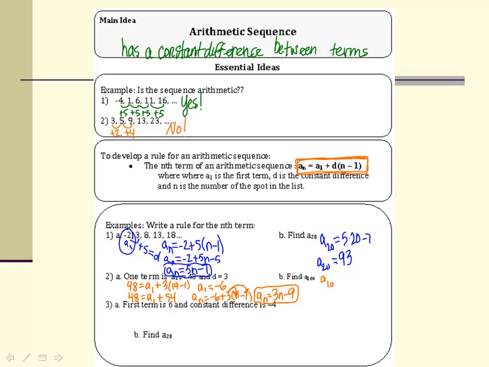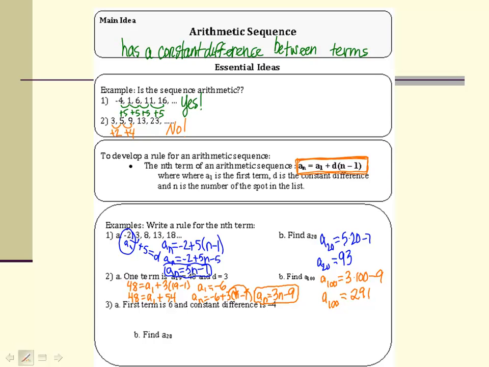So a sub 100 equals 3 times 100 minus 9. So a sub 100 equals 291. So notice for both of these problems, I've had to solve for what I don't know for number 2. For number 1, I was given both a sub 1 and d, so I could just plug them in and simplify.